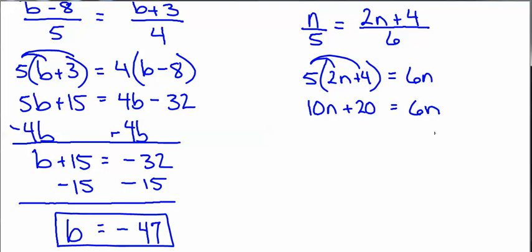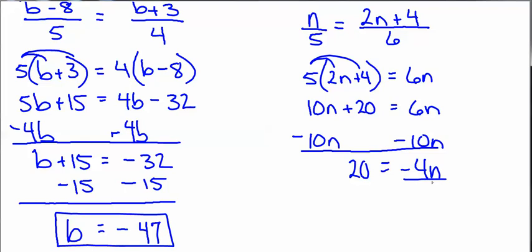Okay, I want you to watch this. If you subtract 10n, you get 20 equals negative 4n. You divide by negative 4, and negative 5 equals n, right?